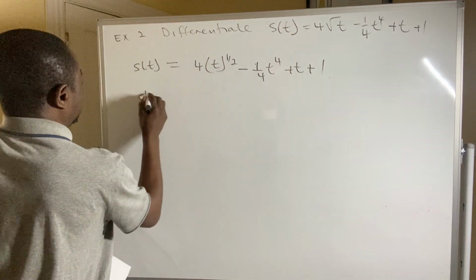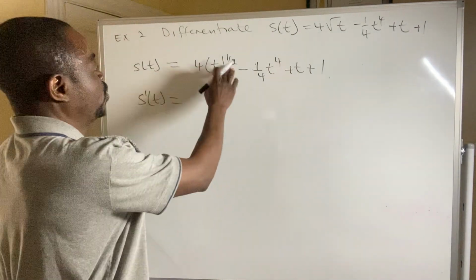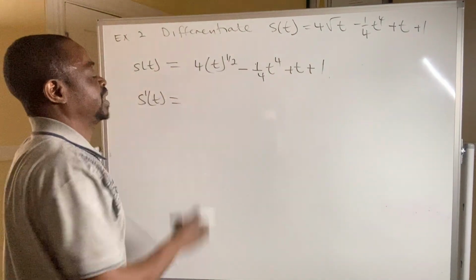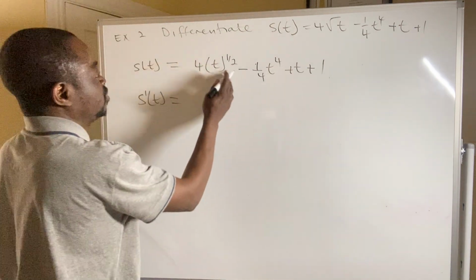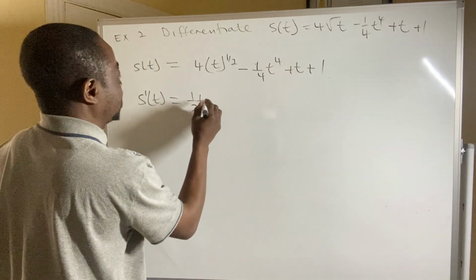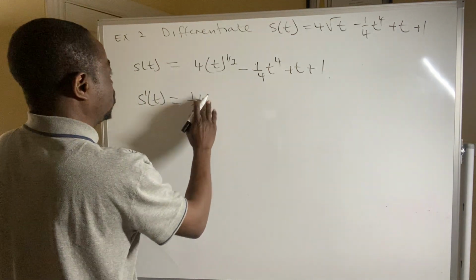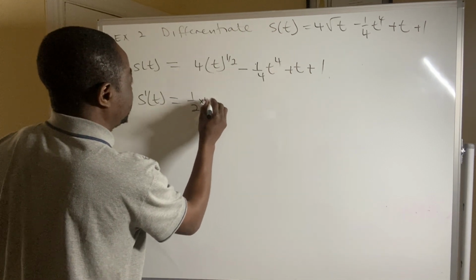So s prime of t is now equal to, bringing the power multiplied by the coefficients of t. So we bring down half. This is t raised to the power half by 4 multiplied by 4.